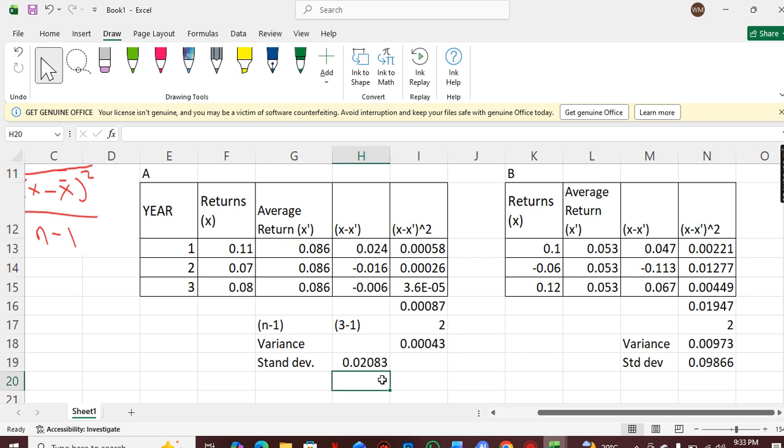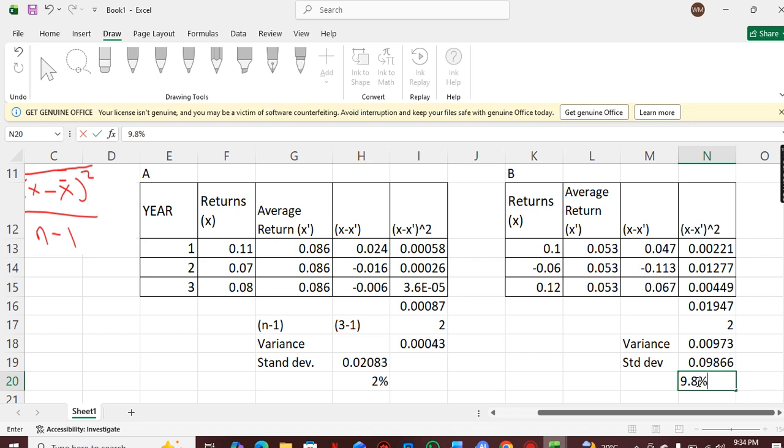So our standard deviation for investment A is 2%, converting to percentages, and for investment B it is 9.8%.